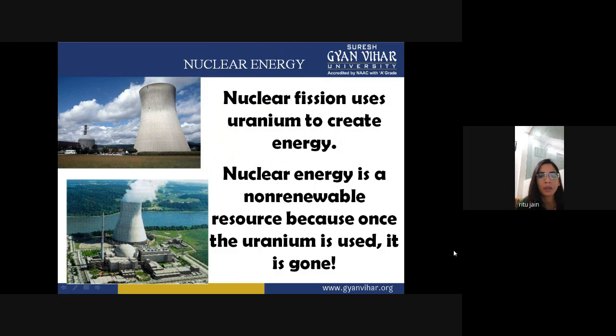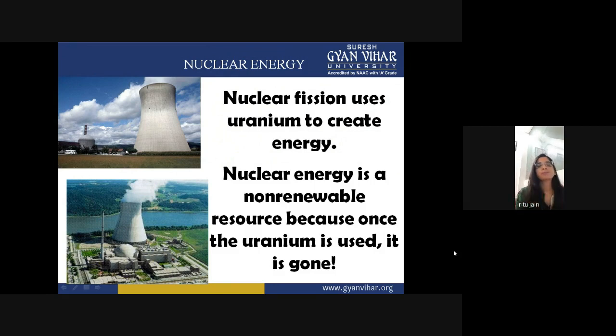And during this fission procedure, a large amount of energy was generated. That energy was used to heat up the water, and the water was converted into steam. Then that steam was going to the turbine blades. When you throw this steam with pressure on the turbine blades, they start to rotate, and the turbine is also connected to the generator.